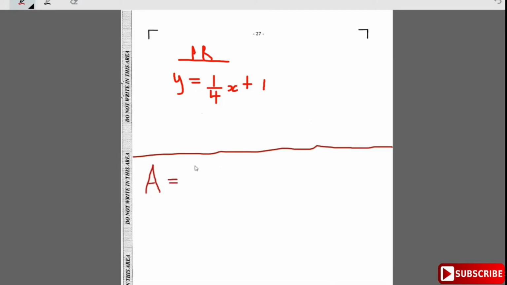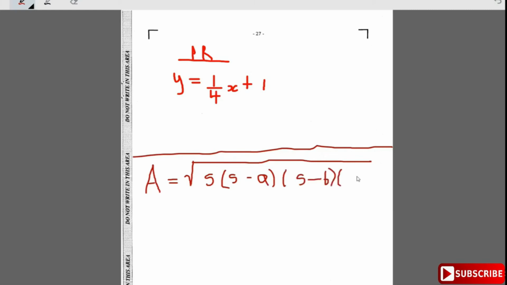Area of a triangle equals the square root of s times (s minus a) times (s minus b) times (s minus c). We also have half ab sine theta, but this is a nice little formula: when you have all the sides of a triangle, you can use this to find its area.